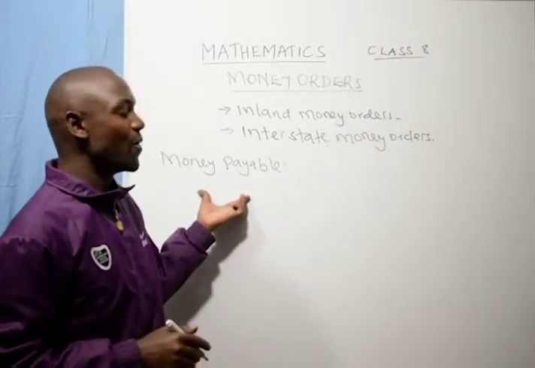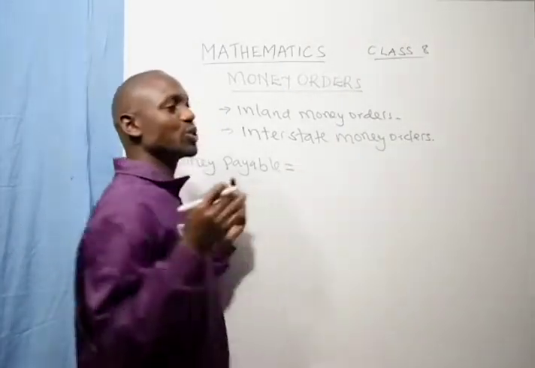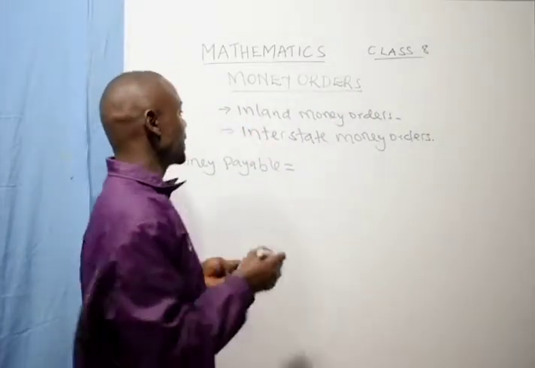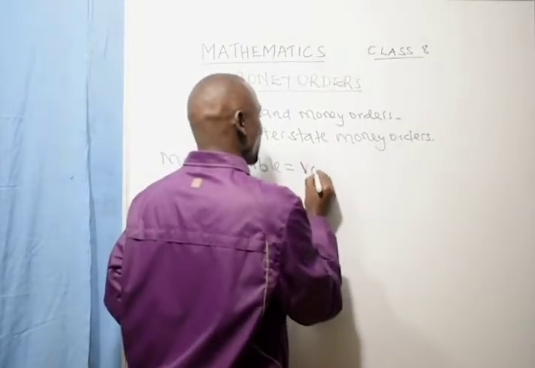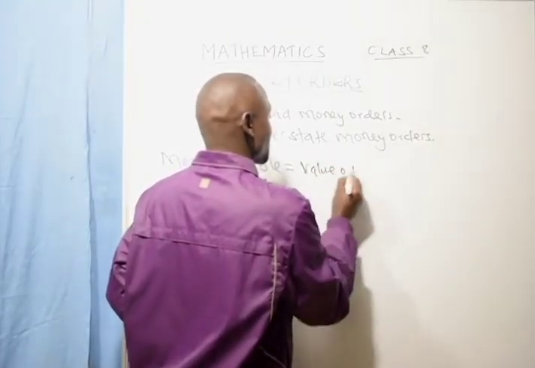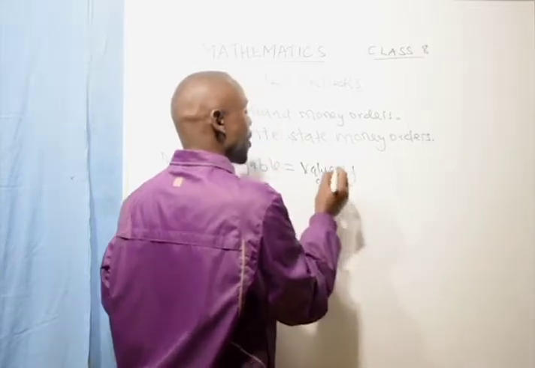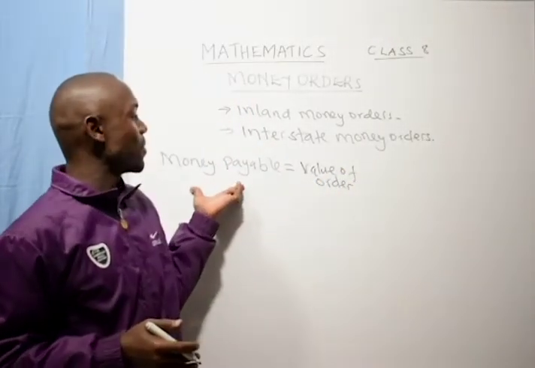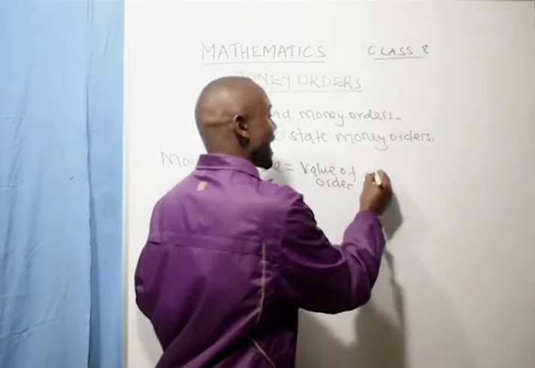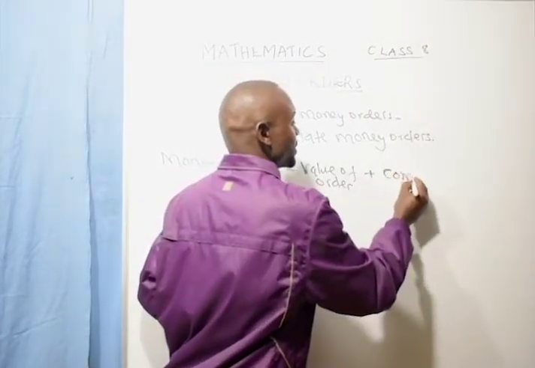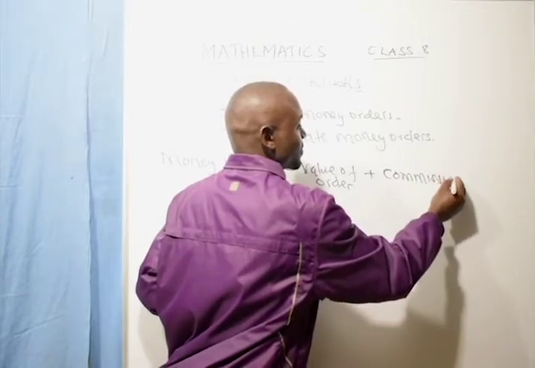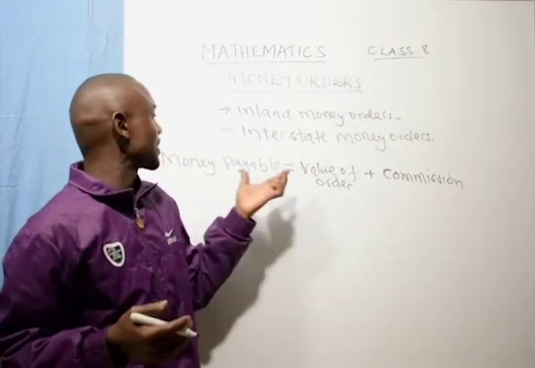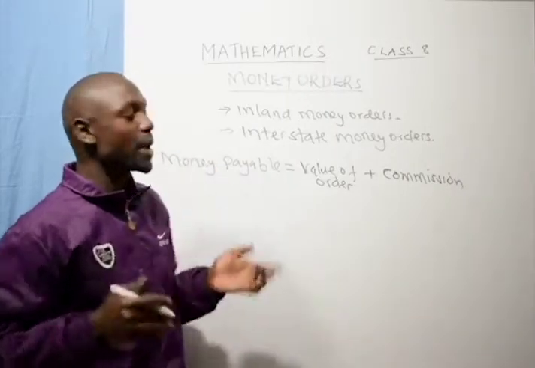The money payable is the total amount of money which you pay at the counter in the post office, which includes the value of the order. The order is the amount of money you are sending. So, the amount of money payable is the value of the order plus the commission charged. That is the money payable.